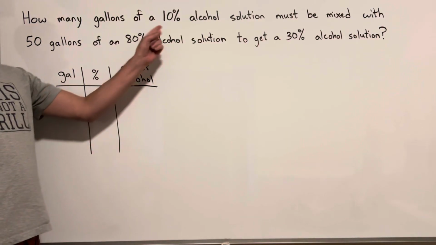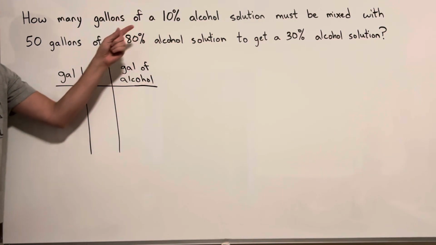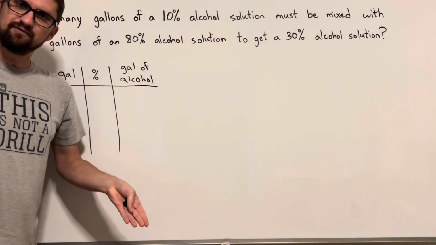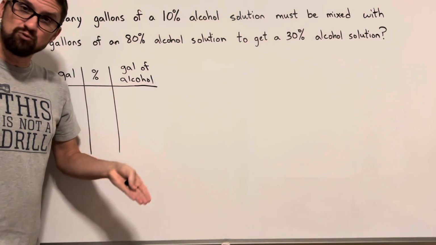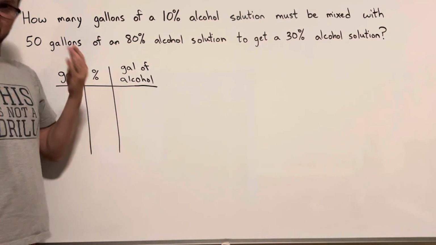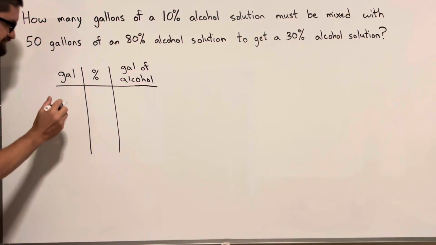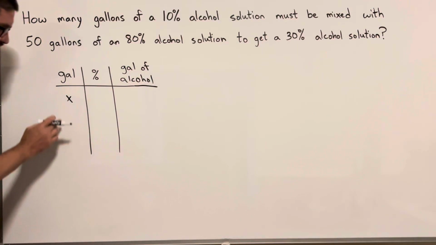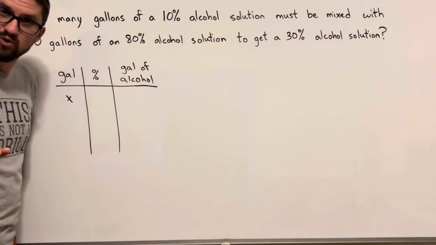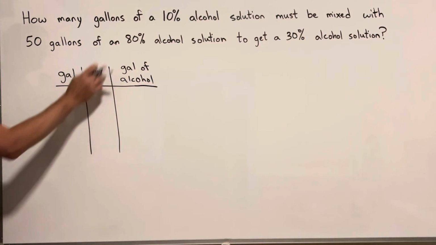All right, so we have this 10% alcohol solution. We don't know how many gallons of it we have. That's what I'm looking for, so I'm going to let X represent it. When you don't know something and that's what you're looking for, we can represent it with a letter. The percent is 10%.